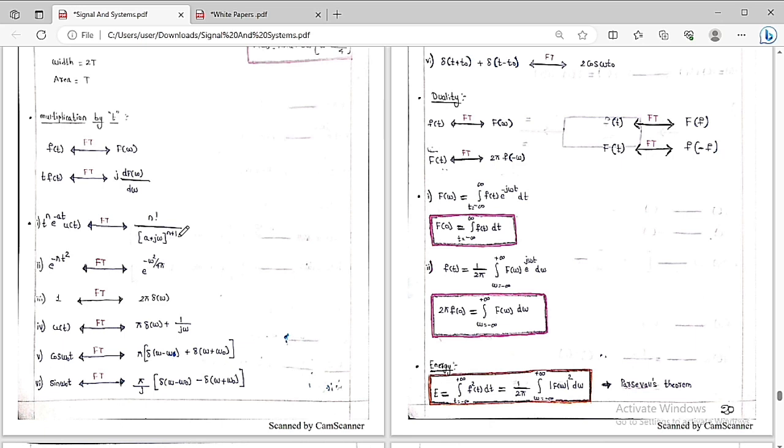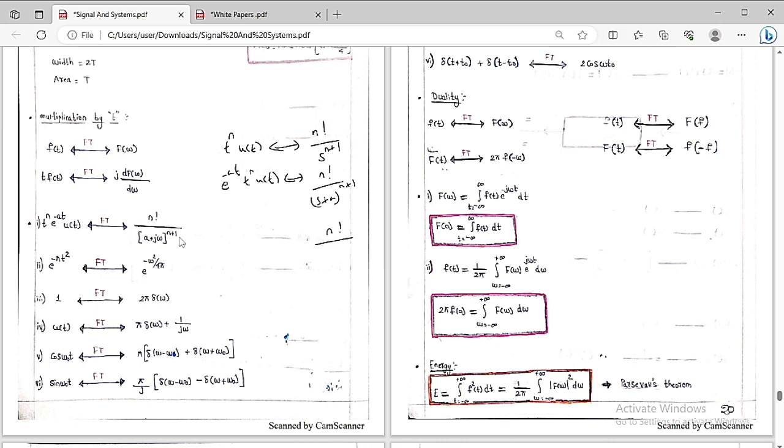So listen carefully. For t to the power of n into u of t, the Laplace transform is n factorial by s to the power of n plus 1. What I will do is multiply this function by e to the power of minus at. Then in place of s substitute s plus a. So n factorial by s plus a whole to the power of n plus 1. If you want the Fourier transform, replace s by j omega.